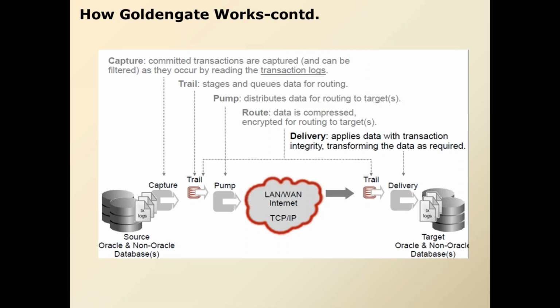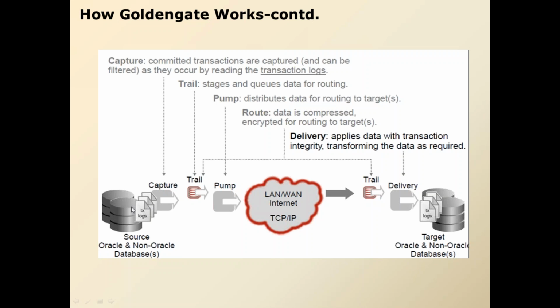If you see here, every process has a source to read from and a target to write to. The source of the capture process is the transaction logs of the database and the target is the local trail. The pump process source is the local trail and target is the remote trail. The delivery process source is the remote trail and target is the target database. So every process reads the data from its source and writes it to some target.